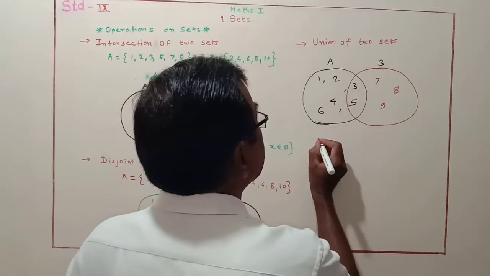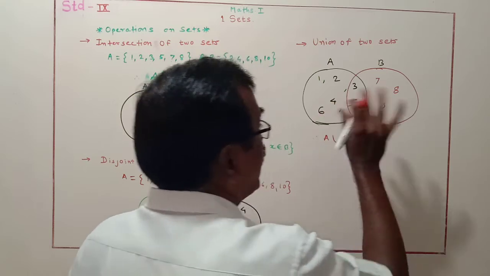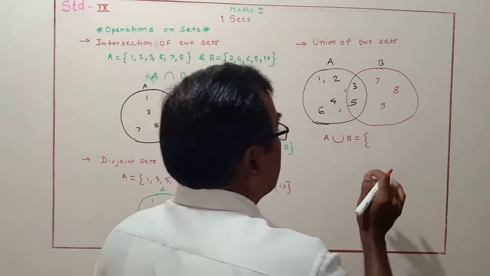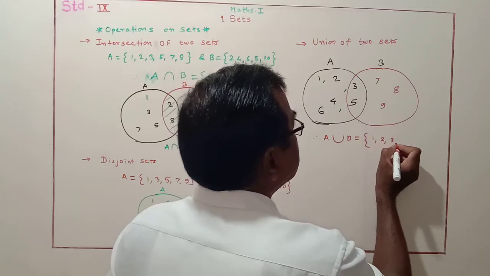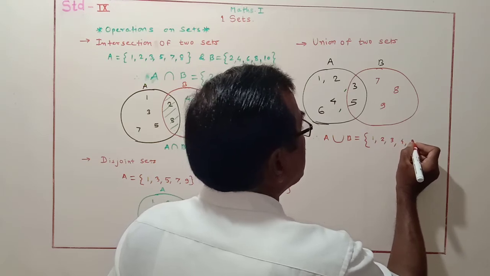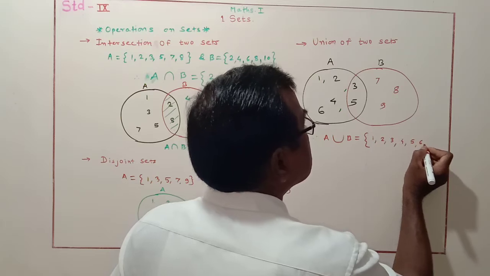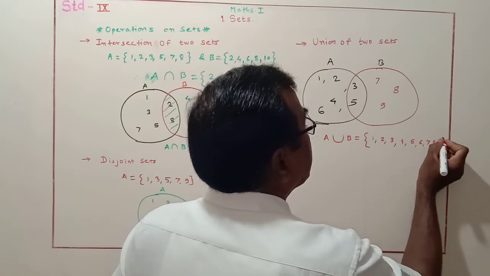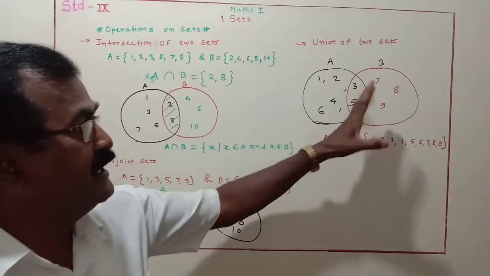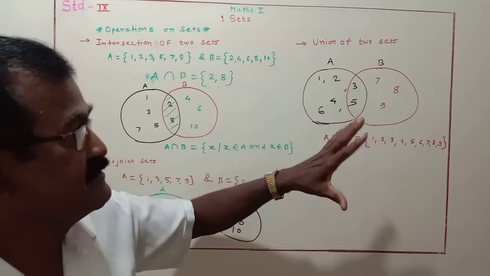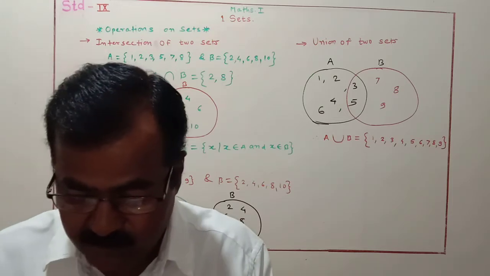Then we write A union B is equal to all elements of A and B, which form the union of two sets, that is 1, 2, 3, 4, 5, 6, 7, 8 and 9. In these two sets A and B, there are some common elements, but all elements of A and B are called the union of the two sets.